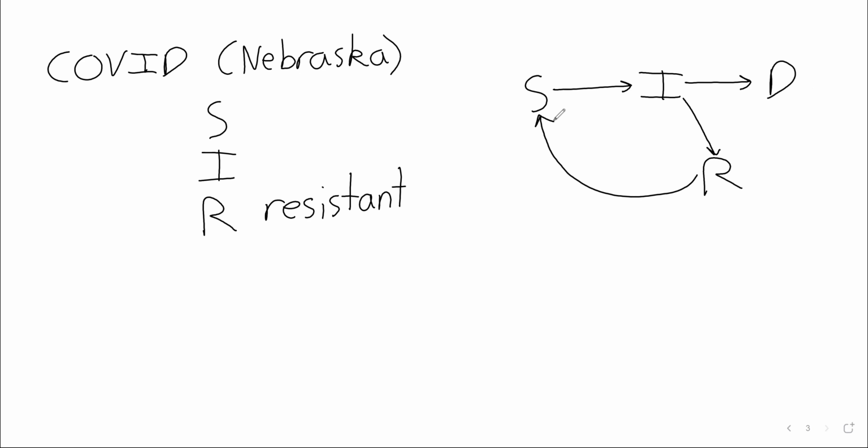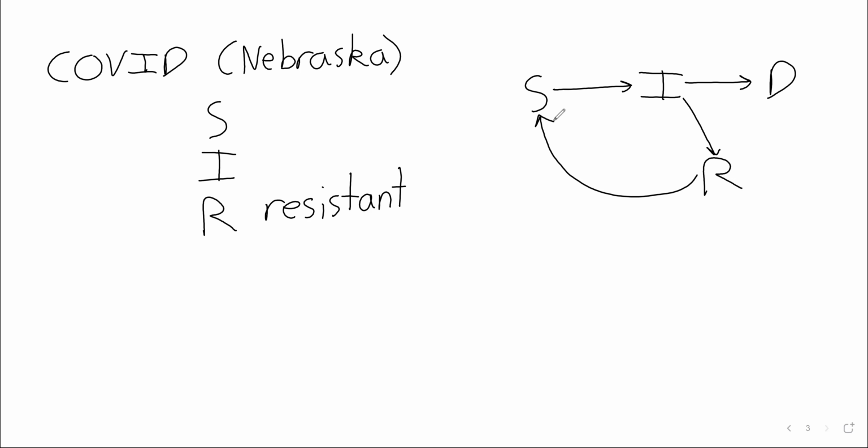Eventually, a resistant person will go back to being susceptible. And we're talking about COVID in Nebraska pre-vaccine, so there's no vaccinated category or anything of that nature.